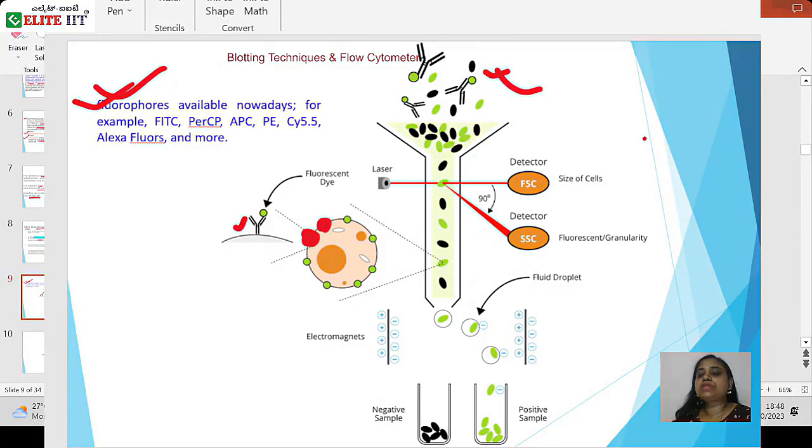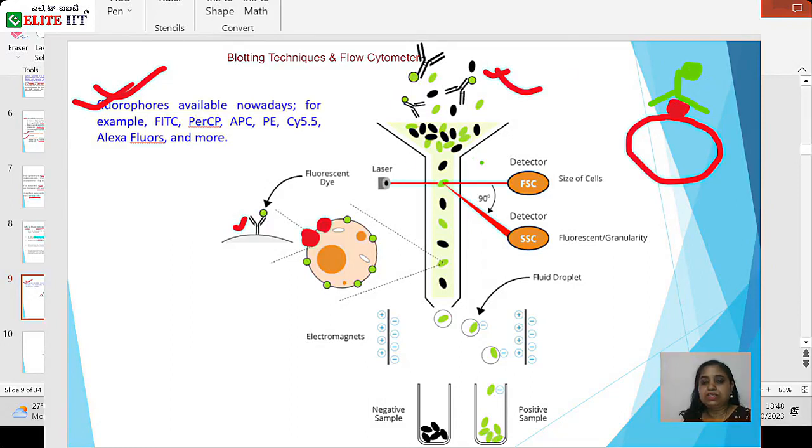The structure should be like this: one antigen is there, on the surface of the antigen an epitope is there. Against that epitope you are adding antibodies, and with the antibodies one label, a fluorophore, is attached, right? That should be the process.